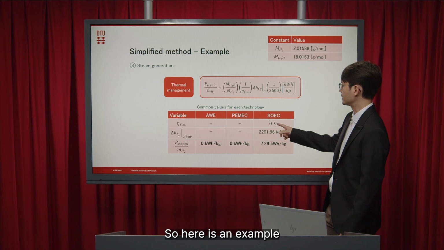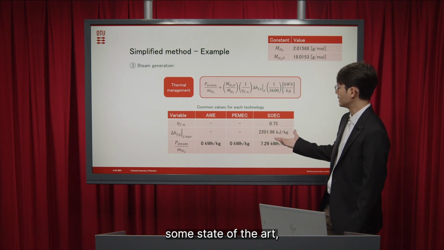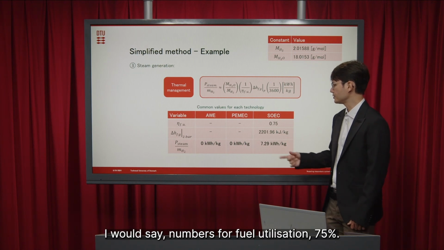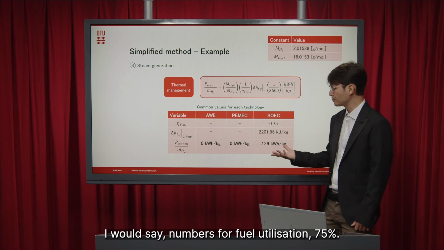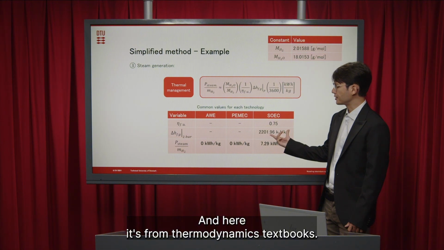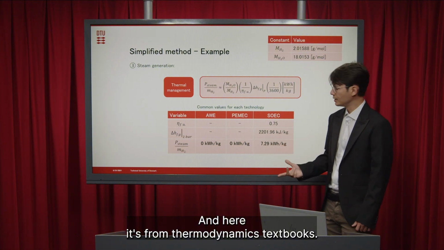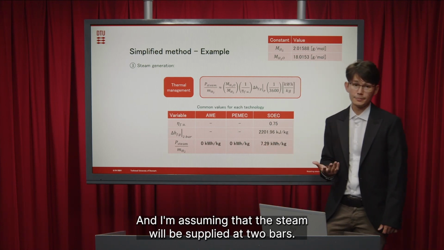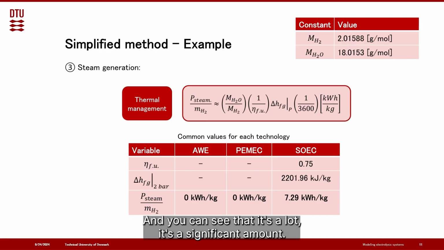So here is an example, with some very state-of-the-art numbers, I would say, for fuel utilization, 75%. And here it's from thermodynamics textbooks. And I'm assuming that the steam will be supplied at 2 bar. And you can see that it's a lot, it's a significant amount.